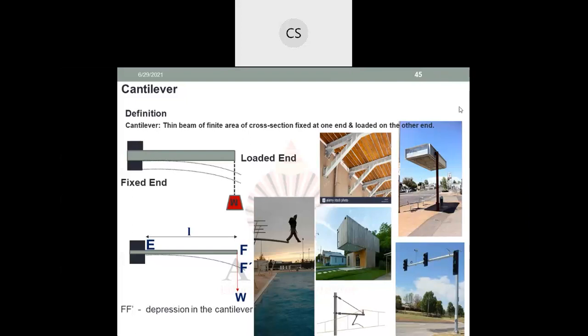I hope you can see my screen. Okay, I have started with a poll so that it's a confirmation.